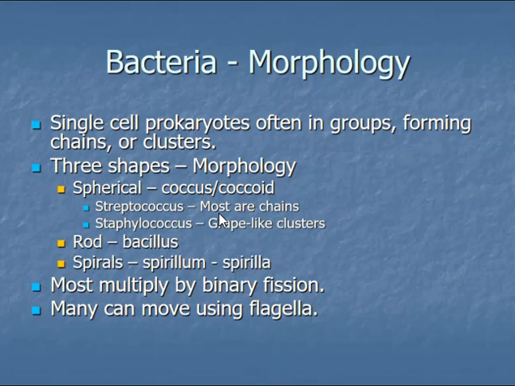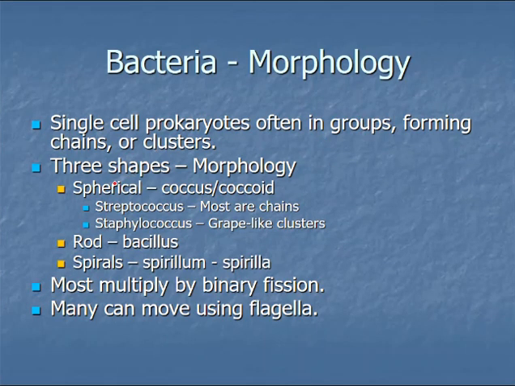They do tend to form in different groups: chains, clusters, groups of 2. There are different arrangements, and so when we're looking at the shapes, we're going to look at the shape or the morphology combined with groupings to get a description of the bacteria.